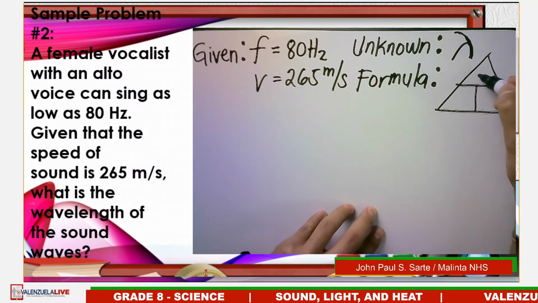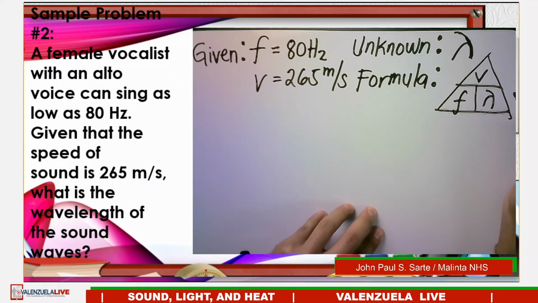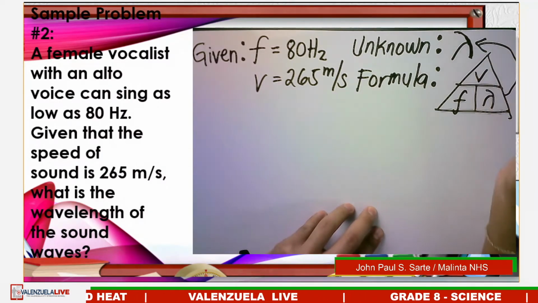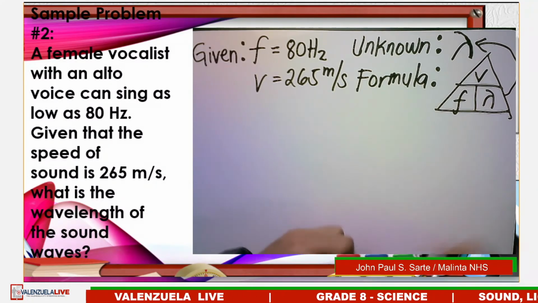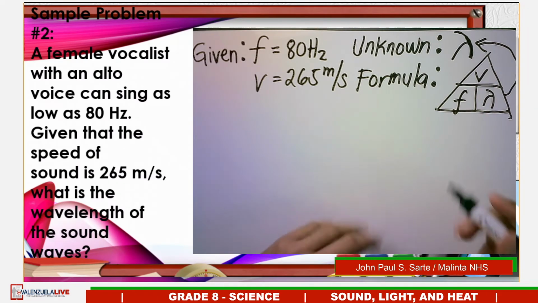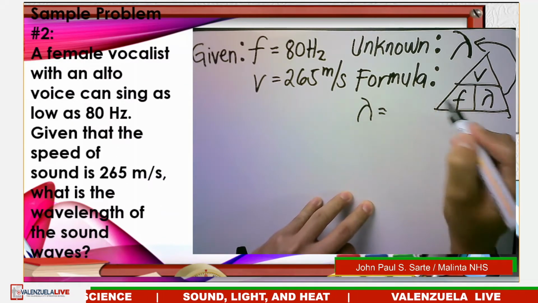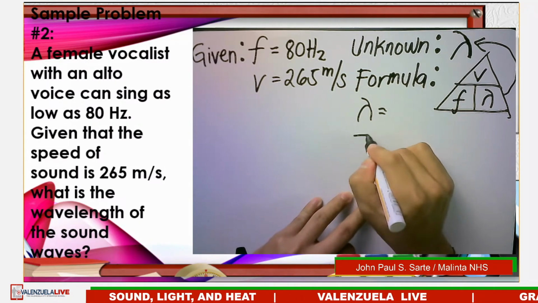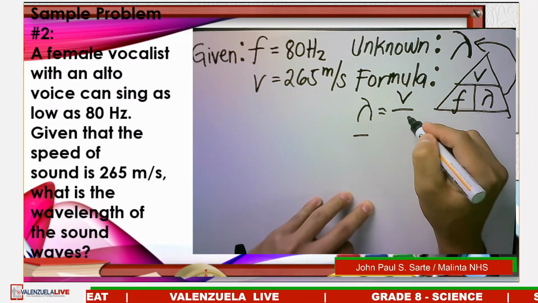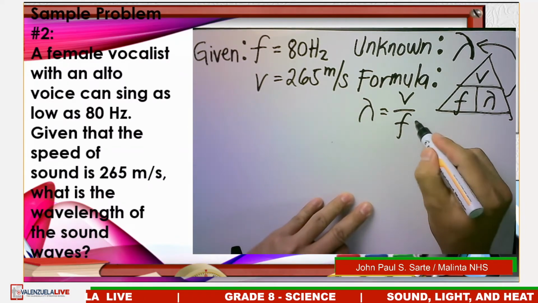That is speed on the top, and at the bottom would be frequency and then lambda. And since we are looking for lambda, what should be our formula? We need to cover this one. Okay, correct. Our formula would be wavelength is equal to speed over or divided by frequency. So this is our formula.